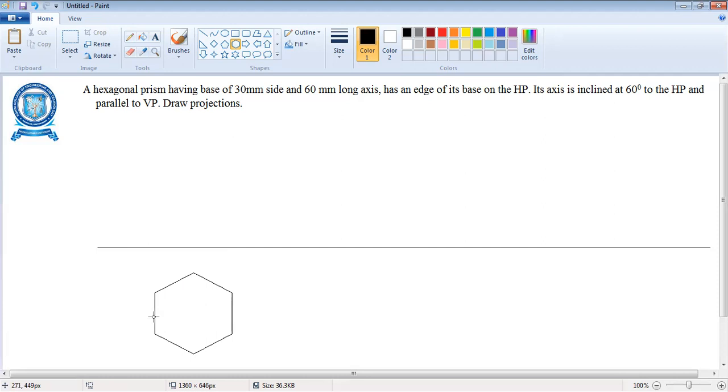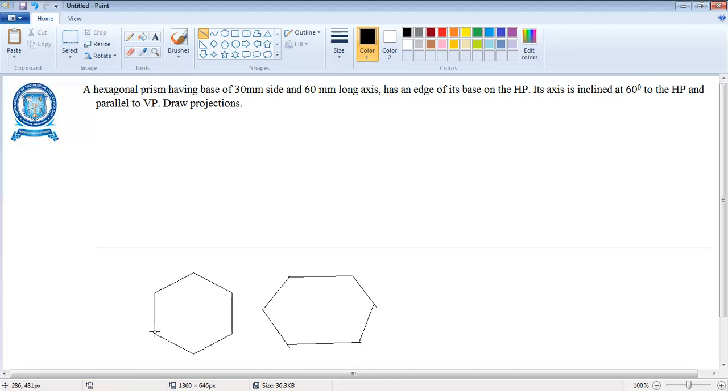If a corner is resting on HP, the hexagon will come like this. Since an edge is resting, the position is like this.